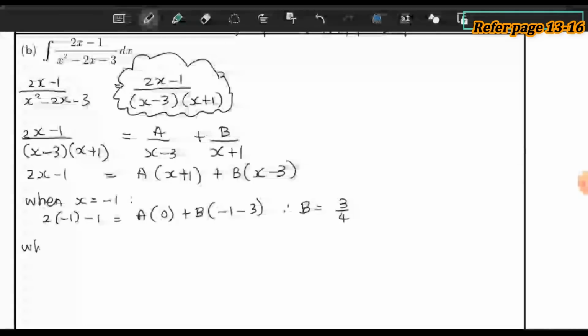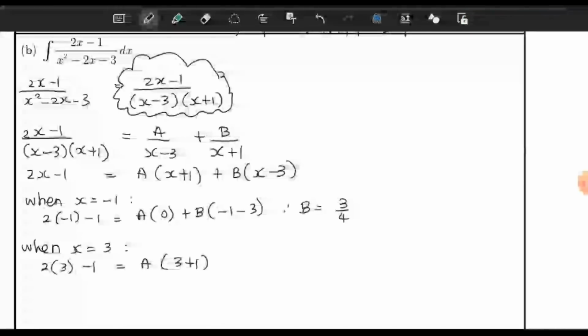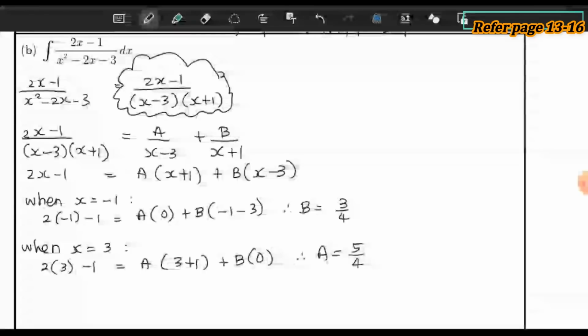Next, when x equal to 3, 2 times 3 minus 1 equal to a times 3 plus 1 plus b times 0. Therefore, a equal to 5 over 4.